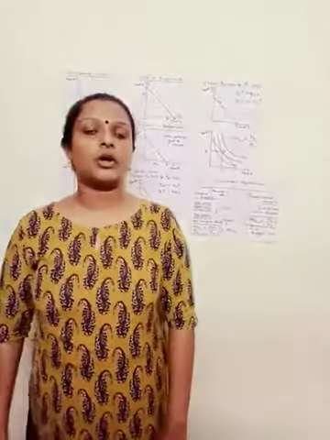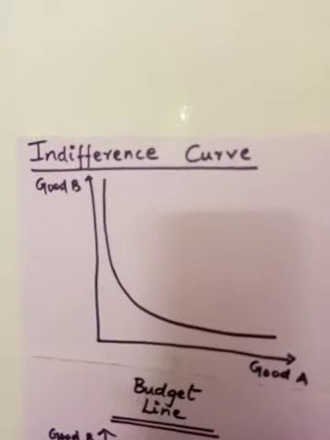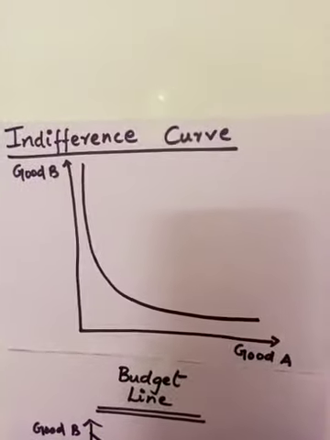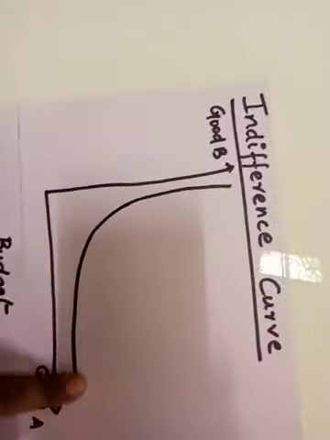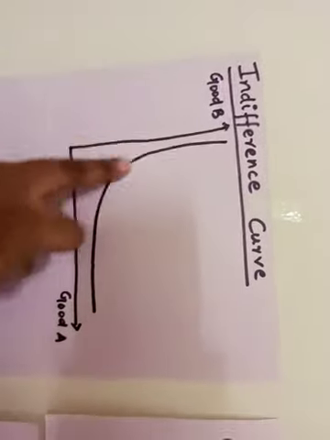Moving on to the indifference curve. See, this is an indifference curve where good A is marked on the x-axis and good B is marked on the y-axis, and the indifference curve is a downward sloping convex shaped curve. That means it is downward sloping from left to right, and it is also convex to the origin.